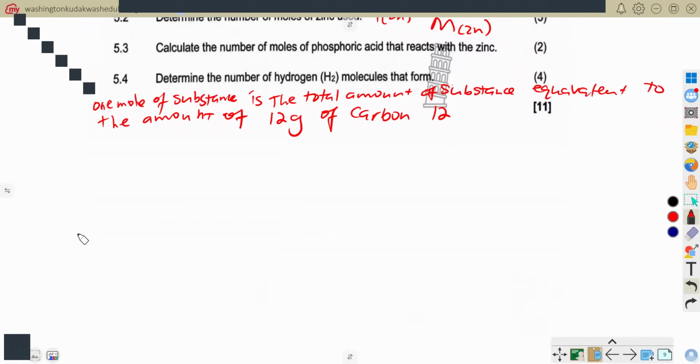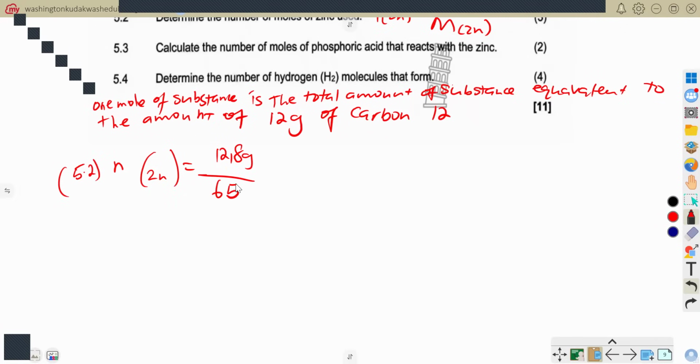So our 5.2 would be equal to the number of moles. The number of moles of zinc was going to be equal to the mass that is given. They said 12.8 grams divided by the molar mass, which is 65.